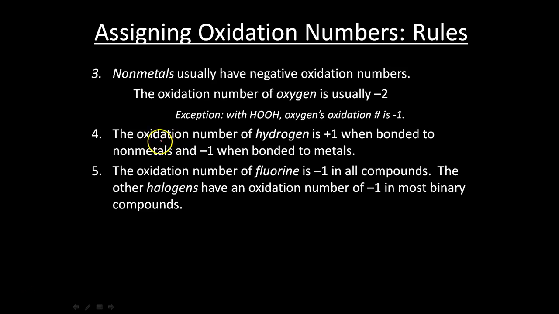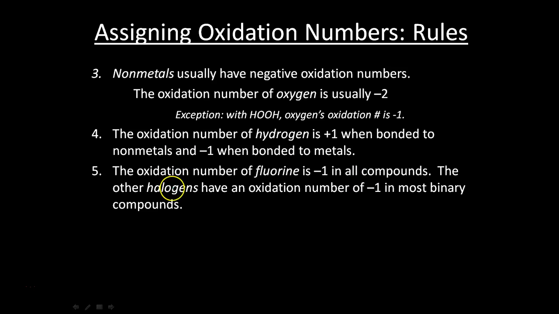The next rule is that the oxidation number of hydrogen is +1 when bonded to a nonmetal and -1 when bonded to metals. That's an important one. If you ever see hydrogen bonded to a nonmetal, it's going to be +1. If it's bonded to a metal, it's -1. The oxidation number of fluorine is -1 in all compounds. So every time you see a fluorine, it's -1.